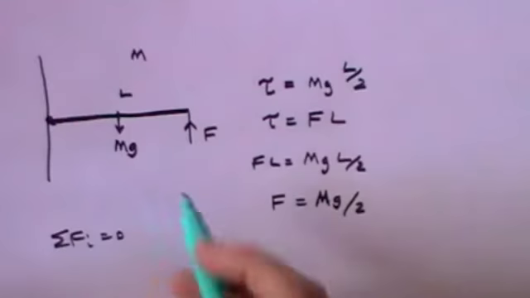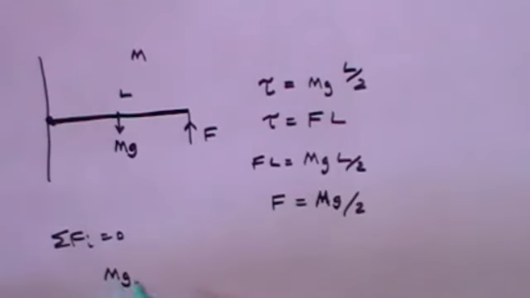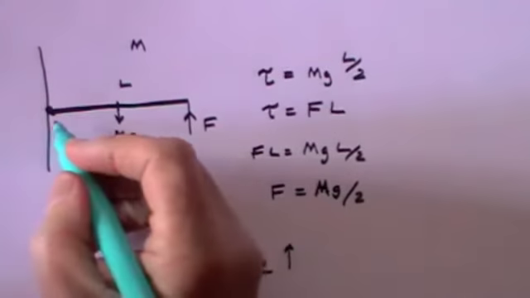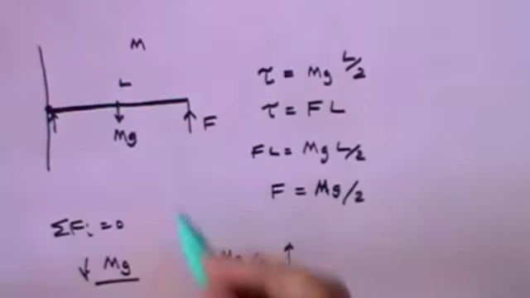There's a force acting downwards of Mg, and there's a force acting upwards of Mg/2, that's my force acting up. So where's the difference? The answer, of course, is that there's another force acting upwards on the pivot.